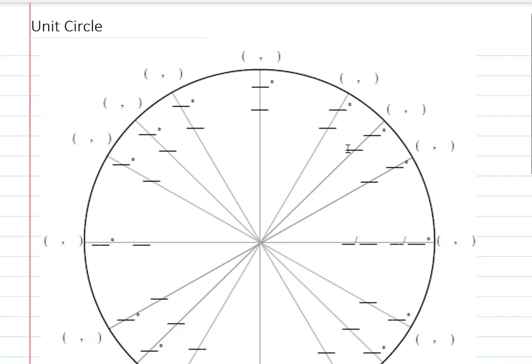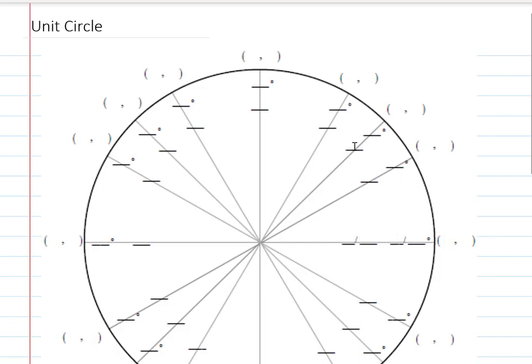Then we're going to start filling in some of these known angles. Notice how for each angle here, there are two spaces: one is going to be for degrees and one for radians. So we're going to use both measures so that you can compare them back and forth. And for those that are not used to radians yet, you can start getting used to these, right?